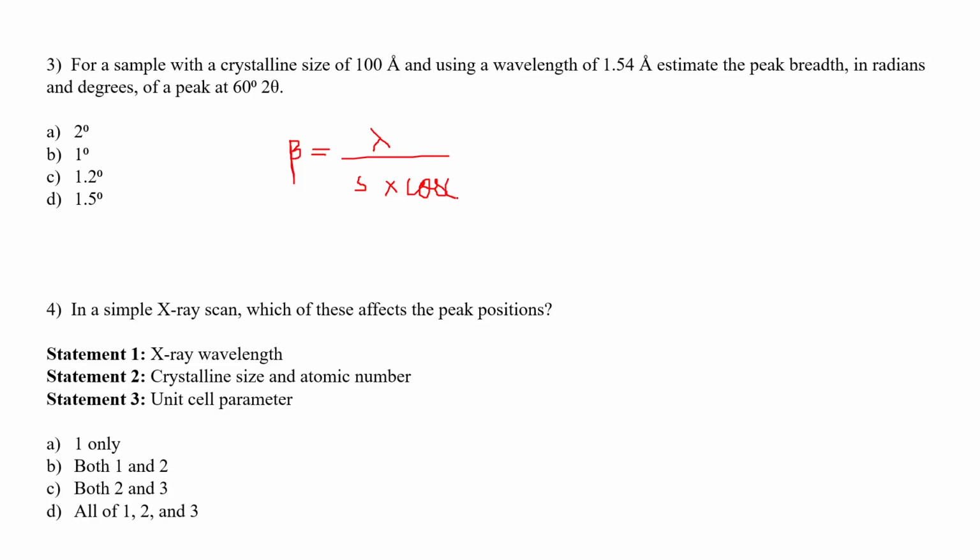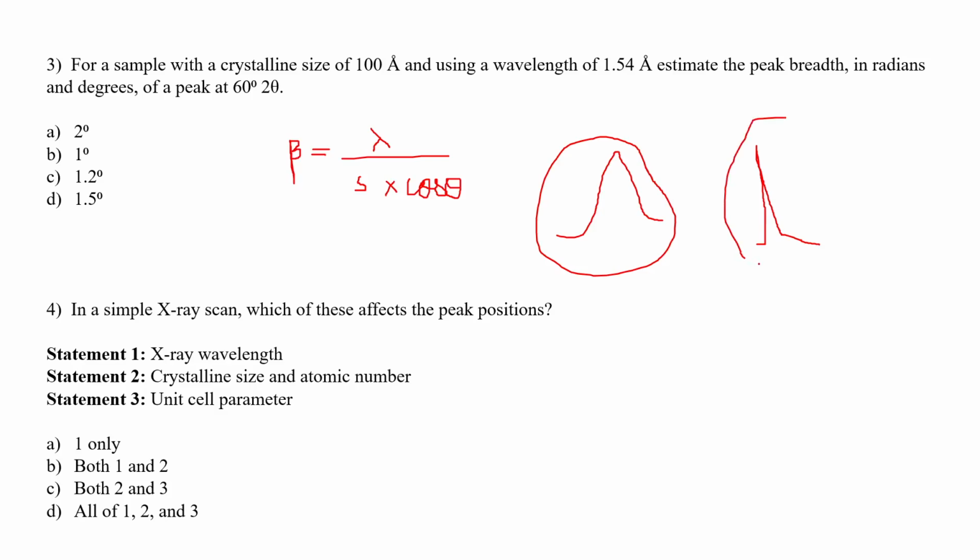So if your crystal size is very small, then your beta will be very high. So for nanocrystals, when you are doing your X-ray diffraction, you will get a much broader peak as compared to your normal bulk sample, from where you will get a very fine peak. So by looking at the peak only, you can tell that this will be your nano size regime, and this will be of high crystal size.